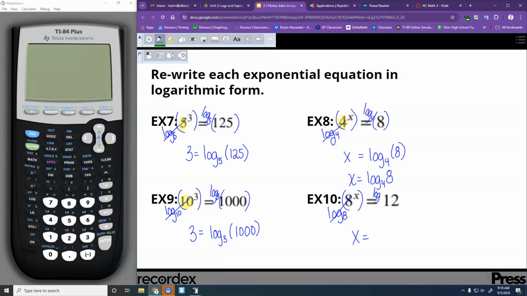Log 8 again. Right, and so I've got log base 8 of 12. Oh, yeah, I don't know why I put a 3 right there. Thank you. That would be a 10. I don't know why I did a 3 there.